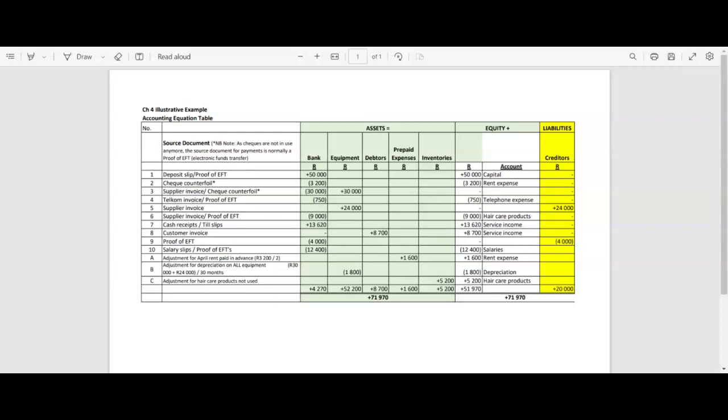So it does include the transactions, but it also includes the adjustments like we've just seen, and it also includes drawing up those three basic financial statements. Happy, Matome? That is included, the financial statements?